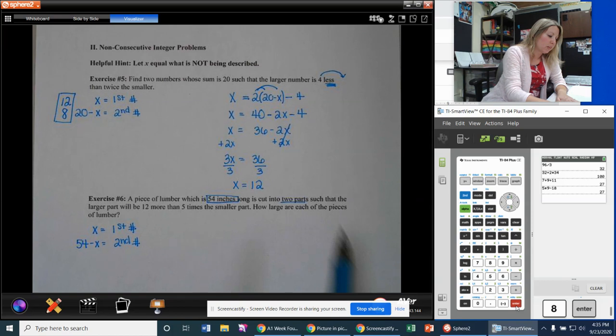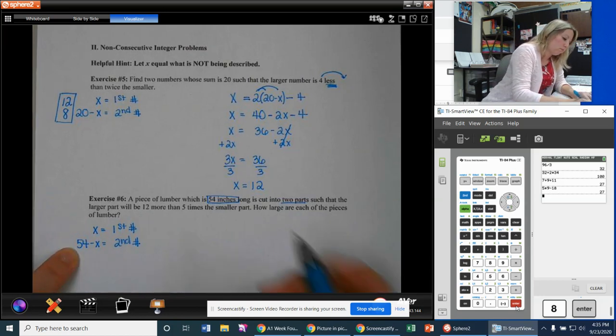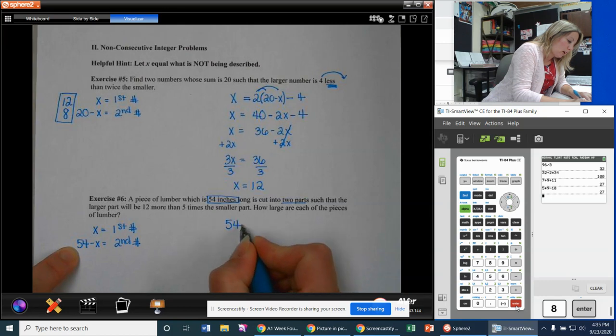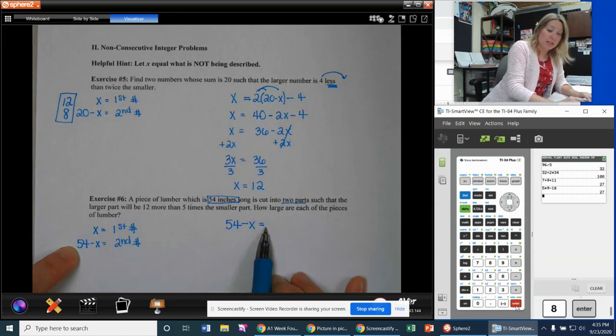All right? Okay, such that the larger part, decide which one you want to be the larger part. Let's say this one's the larger part. 54 minus X is the larger part. Will be, that's an is, that's an equal sign.